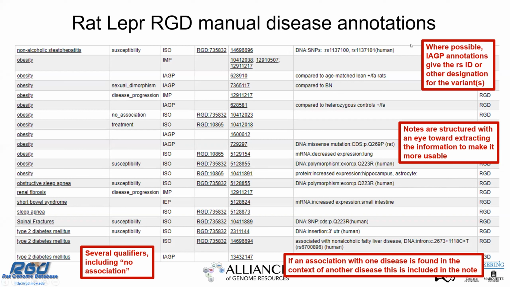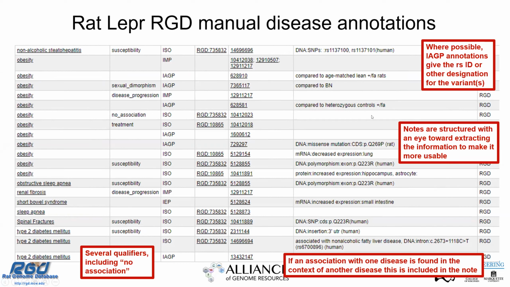Okay, so where possible, IAGP annotations will give the RSID or another designation for variants. So something like the Q223R designation, but wherever possible, we try and find the RSID. Currently, this is being put in the notes, and they're structured.